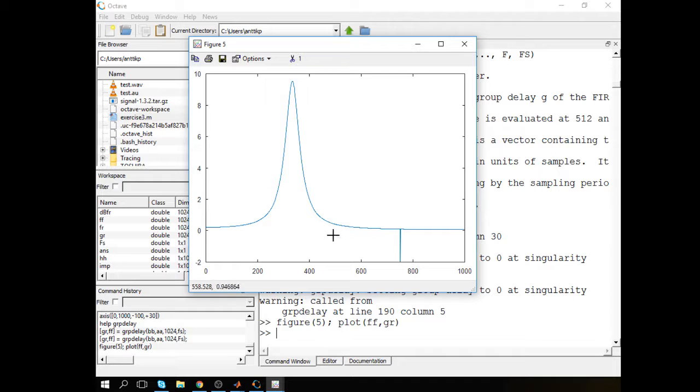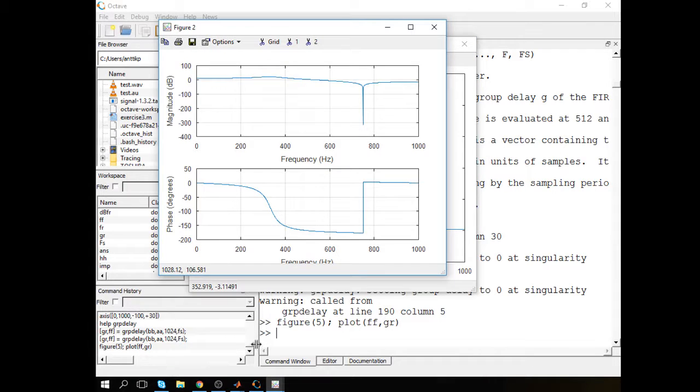But we can actually see the same thing already on the frequency response. So basically, on the frequency response, the passband is somewhere in here. Hard to tell because of the scaling of this magnitude.